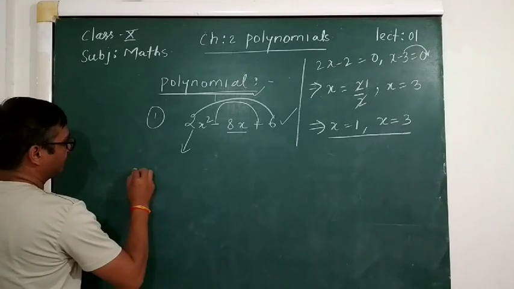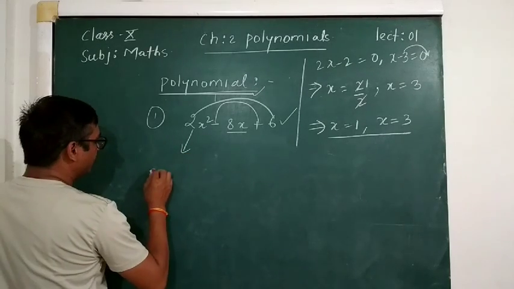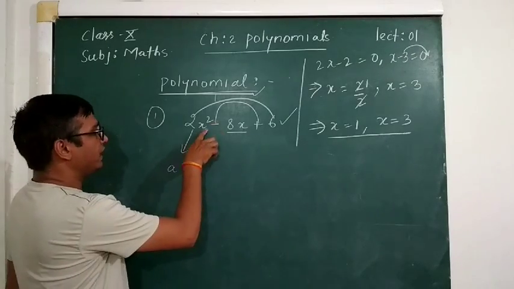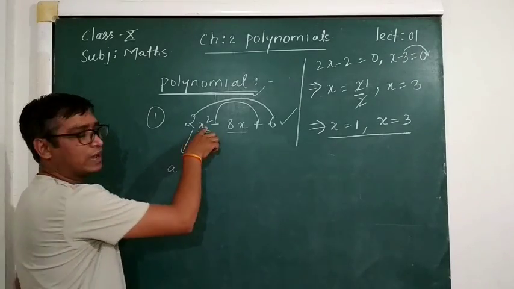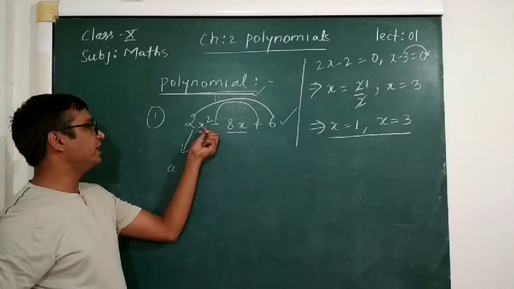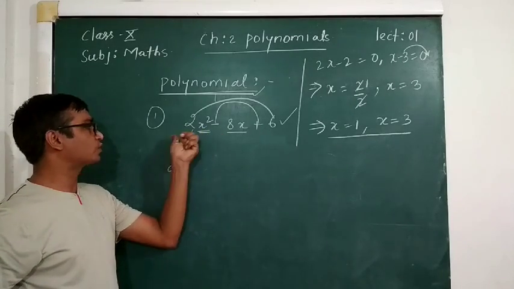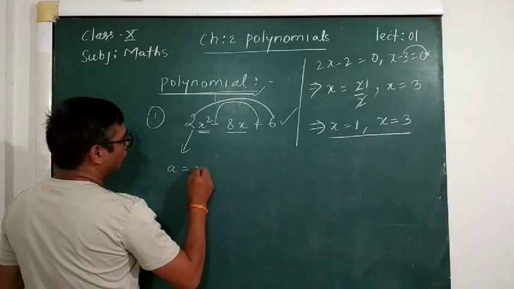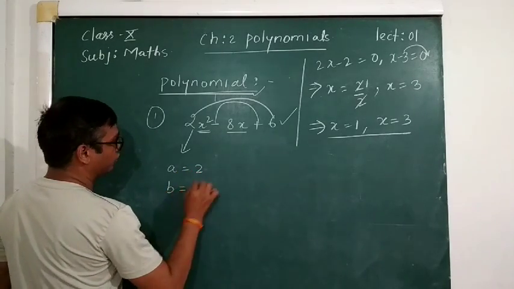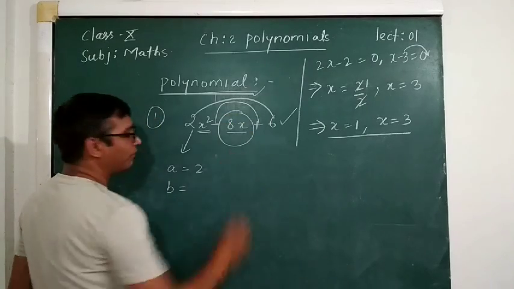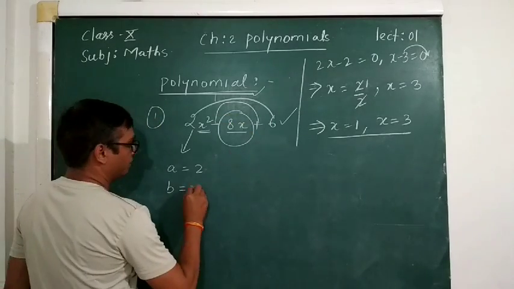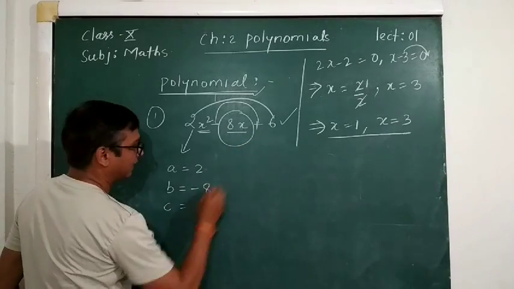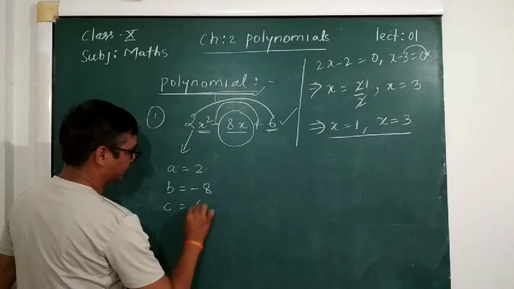So for the coefficients, the value of a will be the coefficient of x square, means whatever the coefficient is before x square, that is the value of a. So a is equal to 2, b is the coefficient of x, minus 8, and c is the constant term, 6.